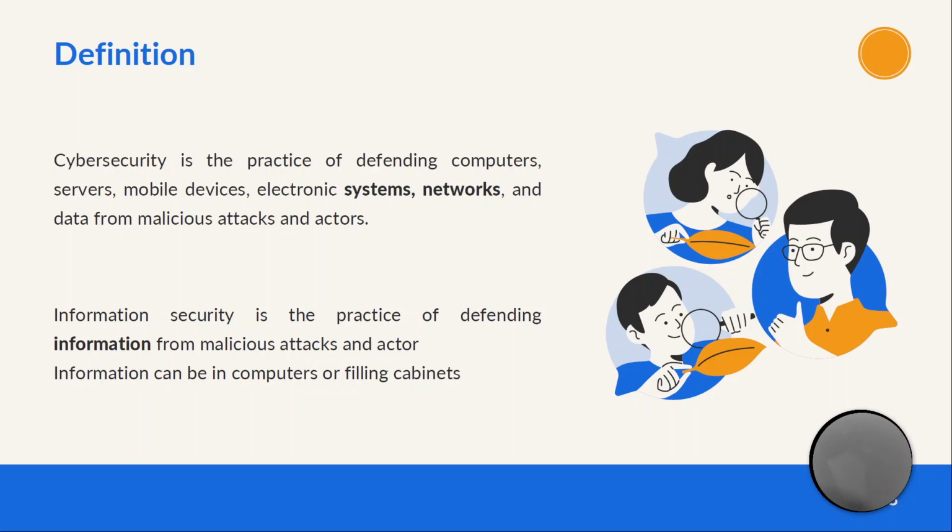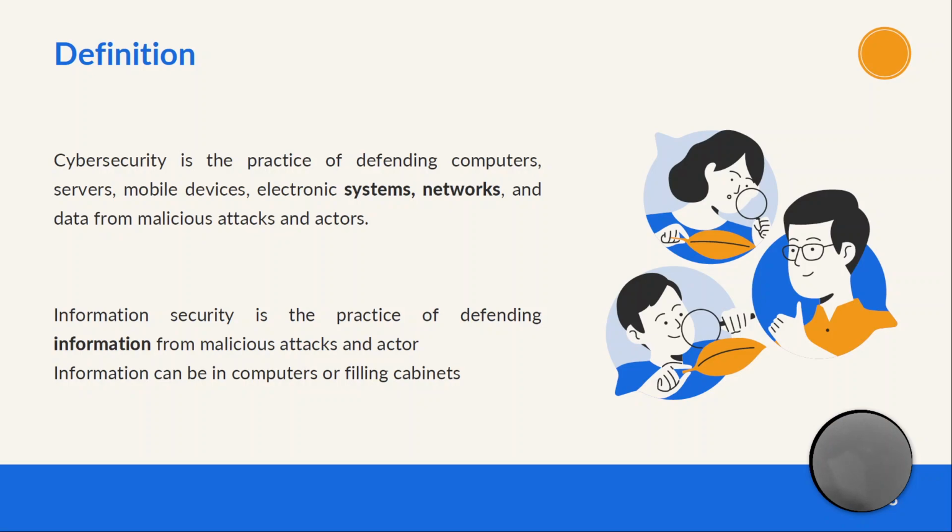An even better example: if you go in most government offices, they still have file cabinets that hold a lot of confidential information. The fact that those filing cabinets are put under lock and key is information security, because they're securing that information.